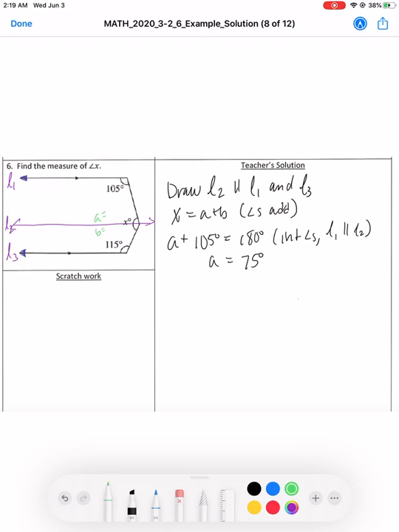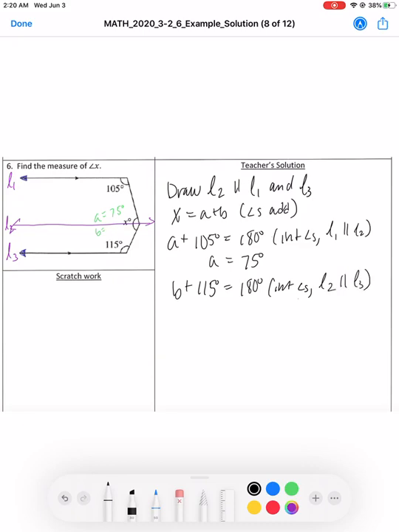I'm going to work down my figure. B plus 115 degrees is equal to 180 degrees because that's also interior angles between B and 115. L2, however, is parallel to L3.